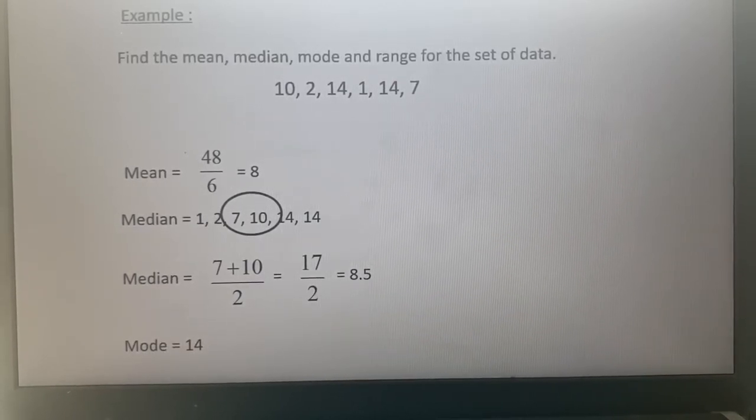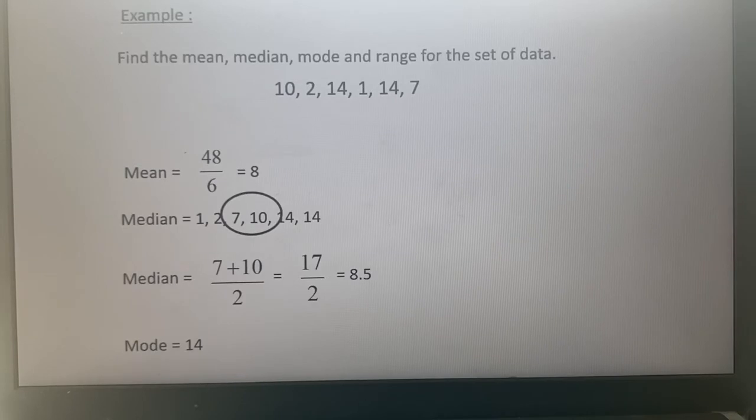Now notice a difference there in our values. We've got the mean and the median, which are quite close together. They're 8 and 8.5, but the mode is 14. Now, when we consider the definition for average as a measure of central tendency, 14 is actually the largest value in the data set, so it would not be a good measure of average to use in this particular data set.